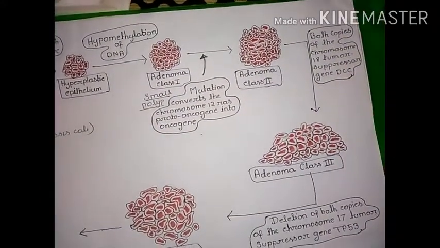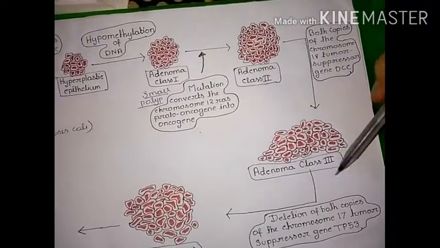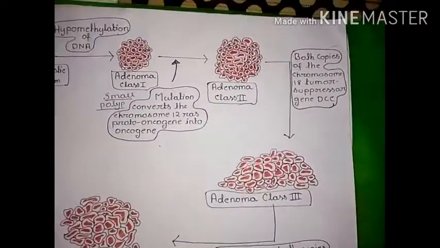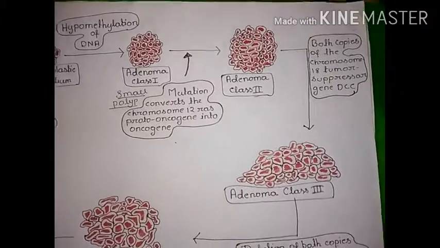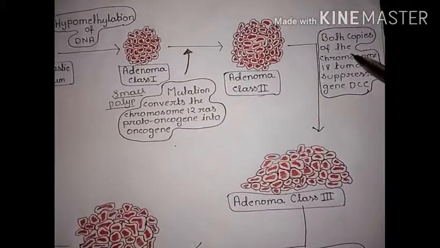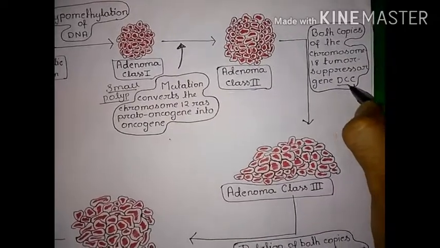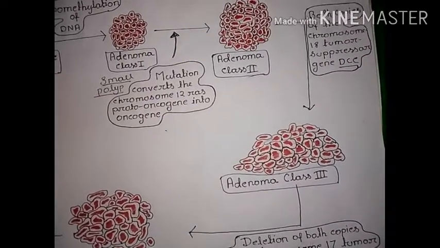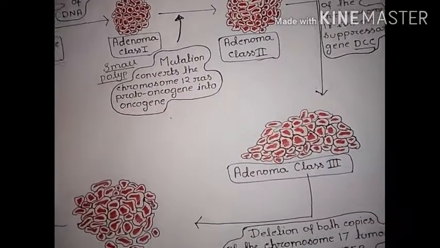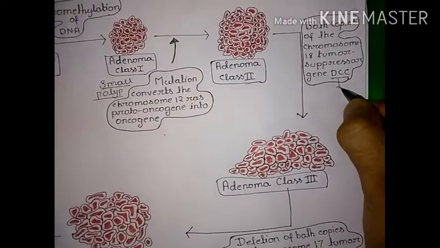Now adenoma class 2 is transformed into adenoma class 3. When both copies of the chromosome 18 tumor suppressor gene DCC are mutated, it transforms into adenoma class 3. What is the full form of DCC? Deleted in colon cancer.